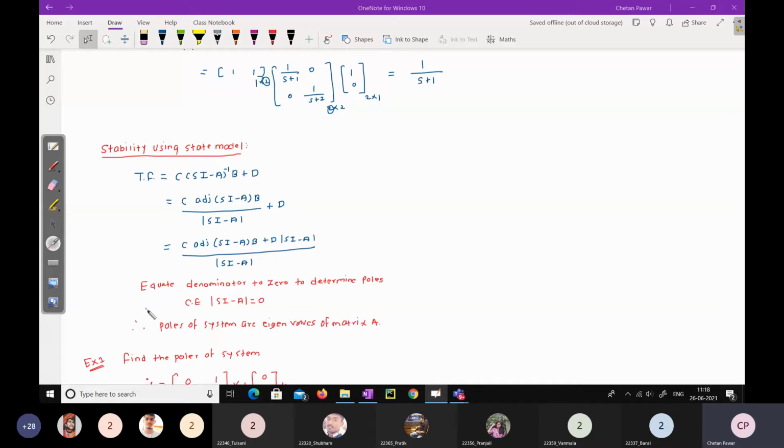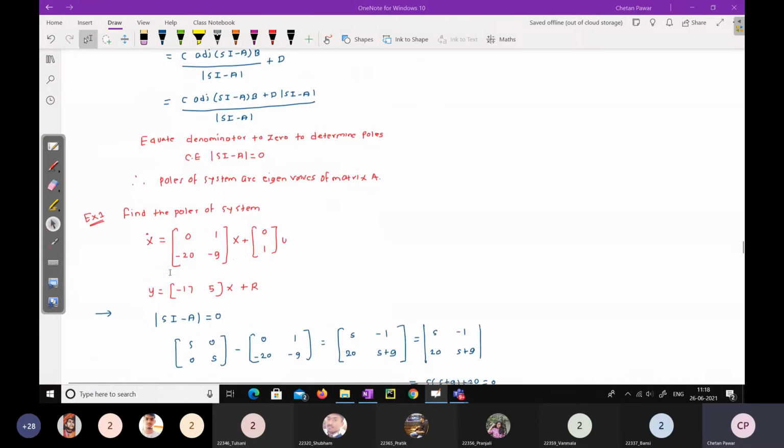Let us see one example of how to determine the poles of the system from the state model. The state model is given, and we only require the A matrix. This is the A matrix, this is the B, and this is the C. They ask to find the poles of the system, so we need to find the determinant of (sI minus A).